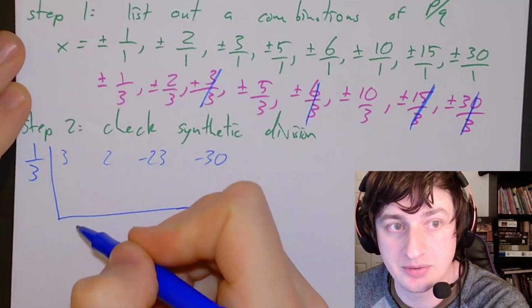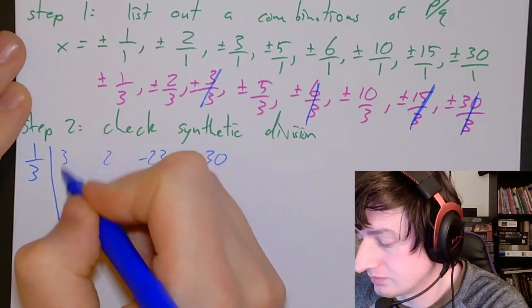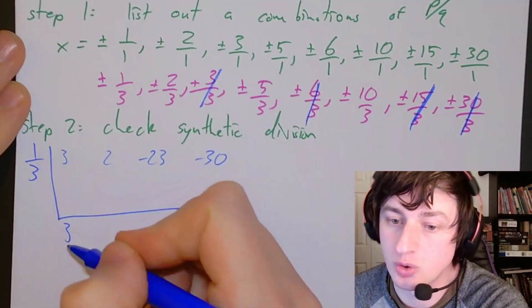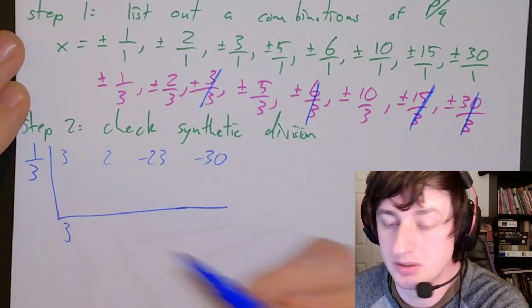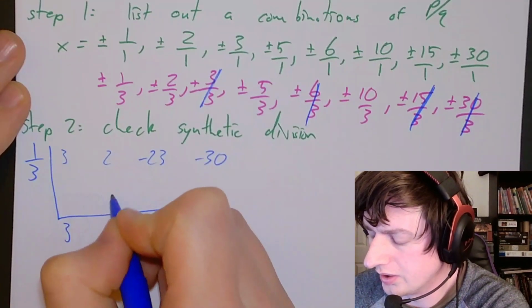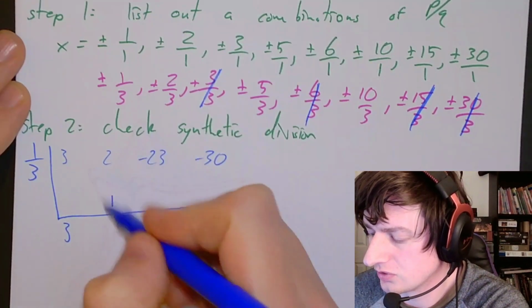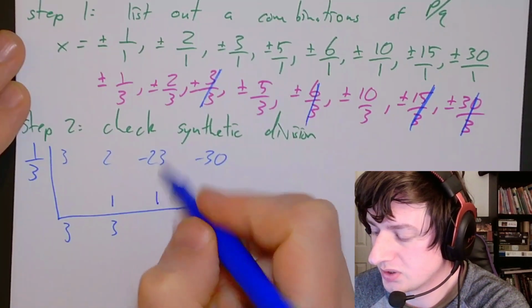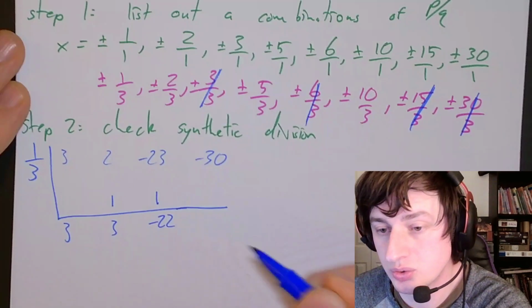So we add down and then multiply diagonally. Add the 3 down, multiply 3 times 1/3, or what's 3 divided by 3? We get a 1. So this becomes 3 times a third, that's 1 again. This becomes negative 22.